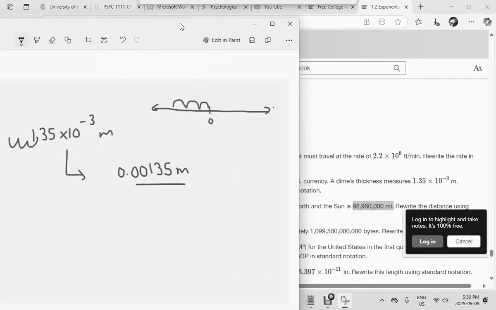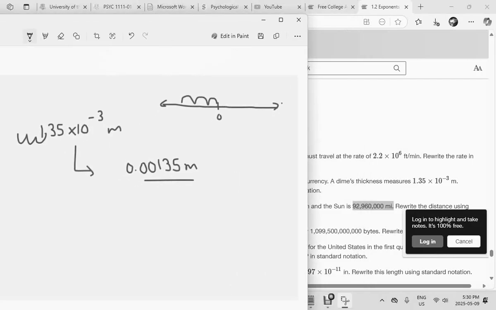So let's go ahead and solve this one as well. Let's say the distance is 92,960,000 miles. We turn this into scientific notation. We'll go back over here: 1, 2, 3, 4, 5, 6, and 7 decimal places.